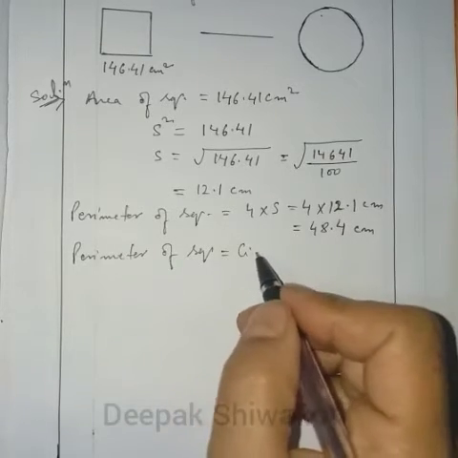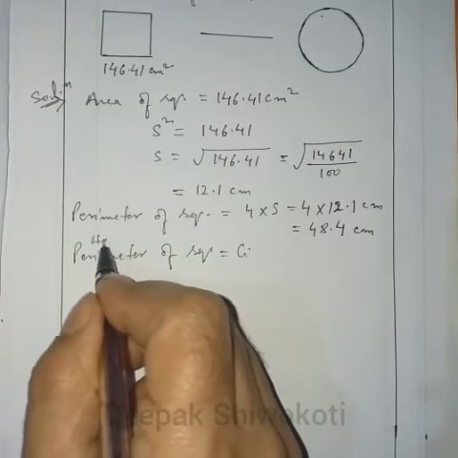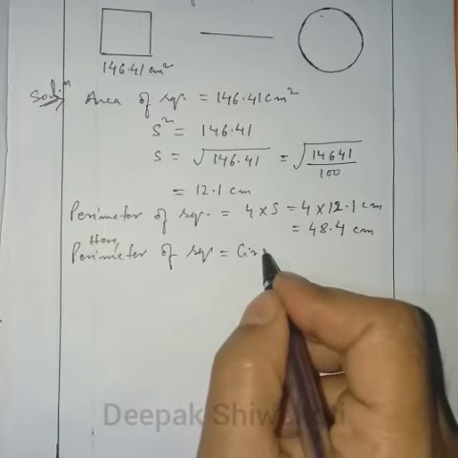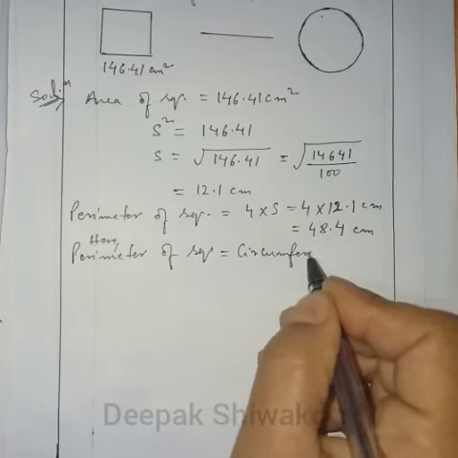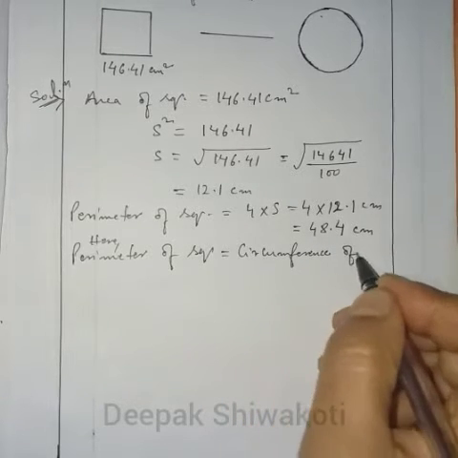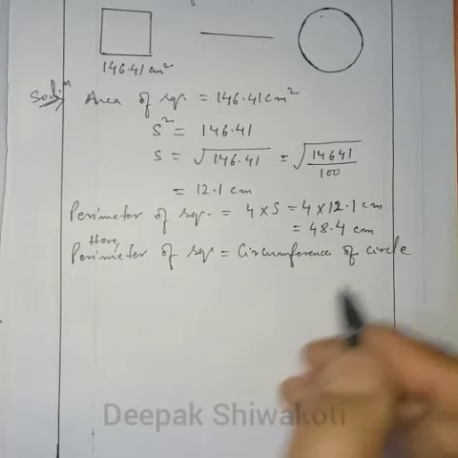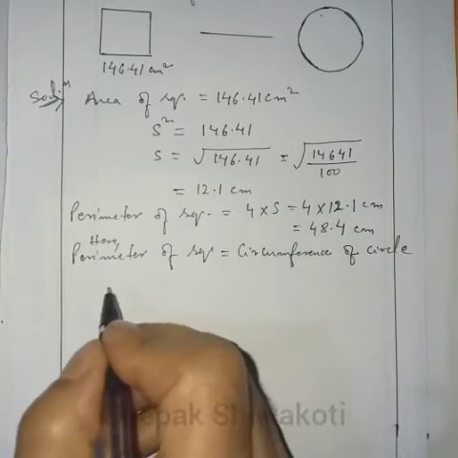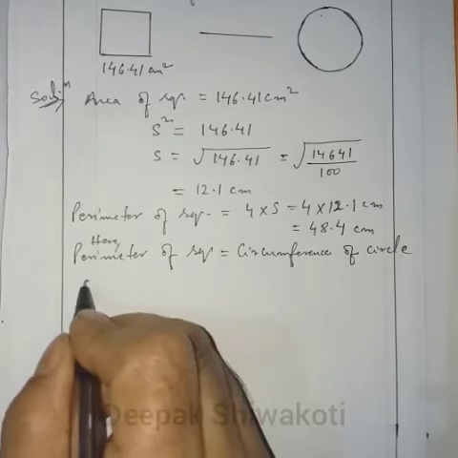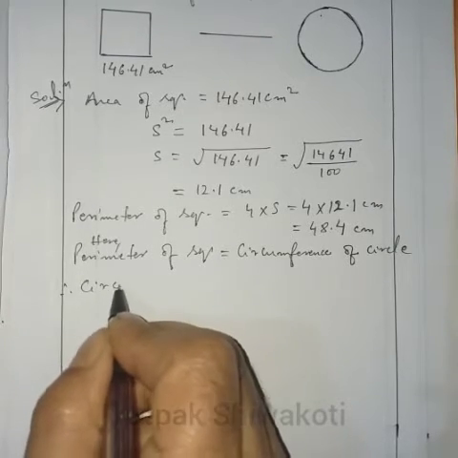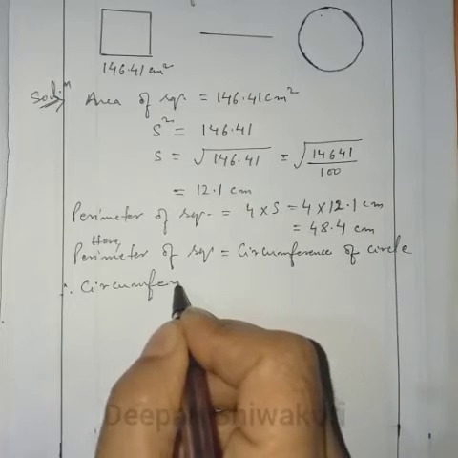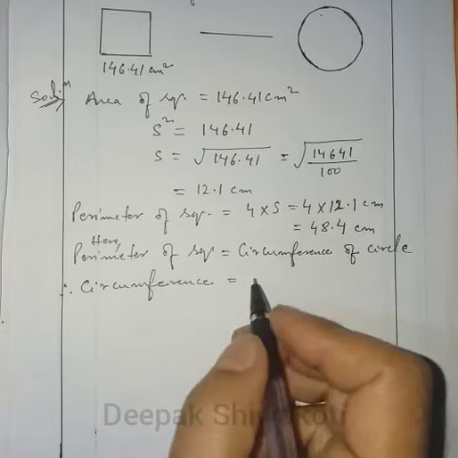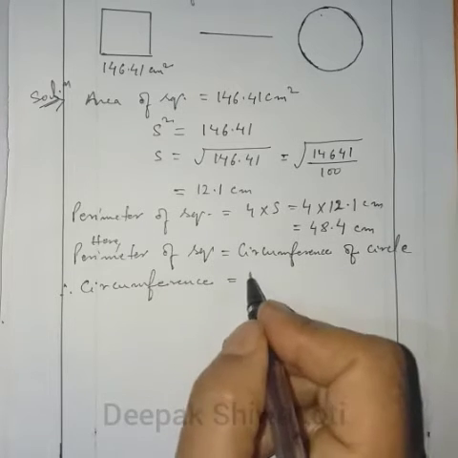In this case only, it is not for every case, here only, the perimeter of a square is equal to the circumference of the circle. So here perimeter is given as 48.4 centimeter. Okay, so the circumference of the circle will be equal to the same as this.